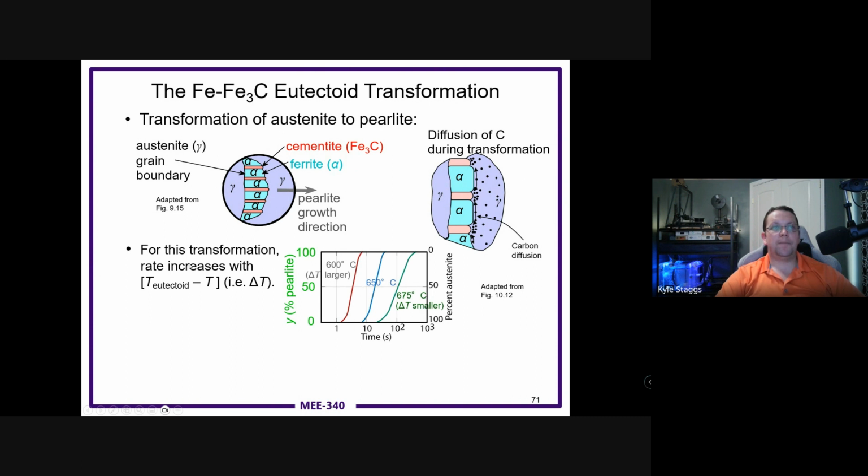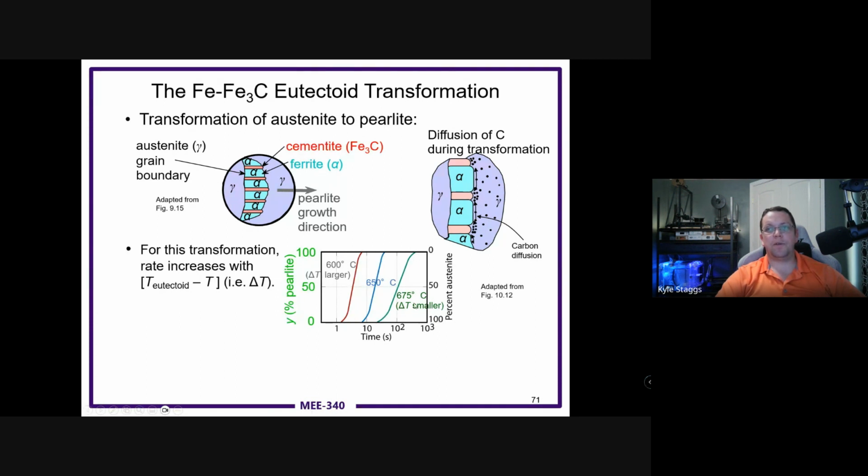So the transformation rate changes with temperature, just like in other materials. But here, you can see that the percentage of pearlite increases with the delta T, or the difference in temperature. So cooling it down to only 675 means it has a smaller delta T, and that goes more slowly, right?